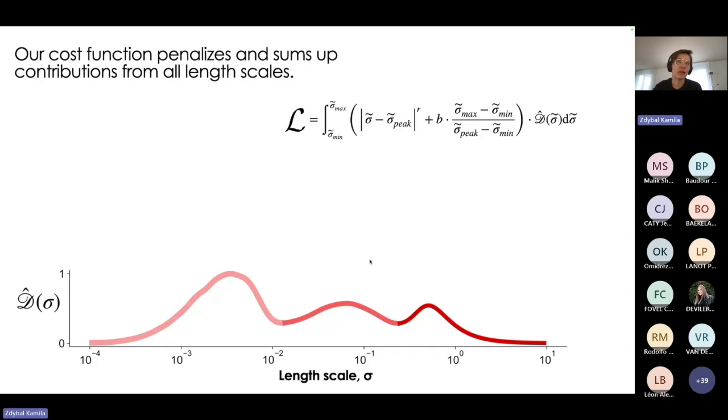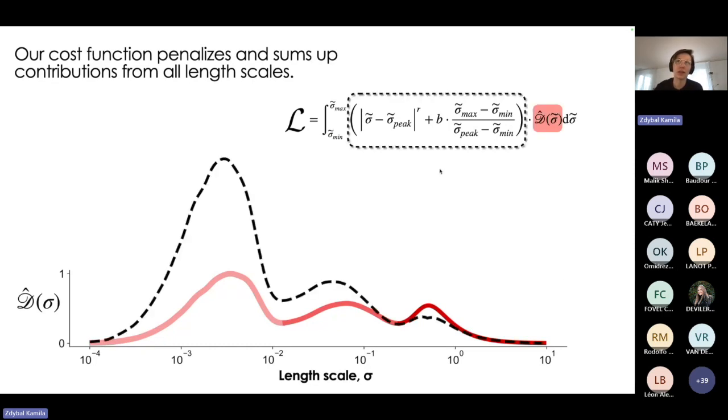And then it penalizes that profile in some way. So we start with the d-hat profile, we penalize it in some way, which means we multiply it by some function. And don't worry about the exact equation for that function. Just think of this dashed box as some function that we multiply this d-hat profile with.